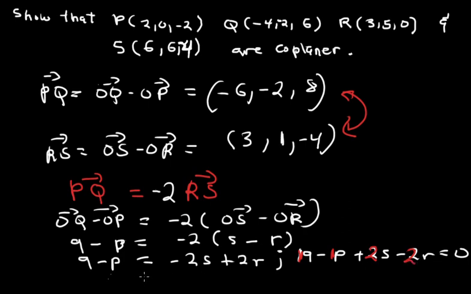For points to be coplanar, or for points to be collinear, they have a common principle, and that is the sum of their scalars should be equal to 0. This indicates that our points are collinear. So now we can conclude and say that since the sum of the scalars is equal to 0, PQRS are coplanar.